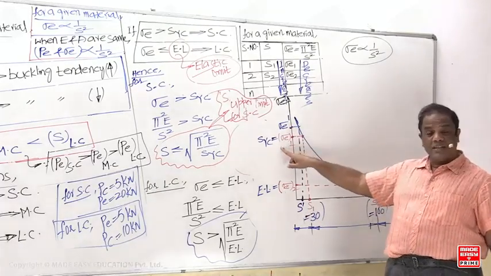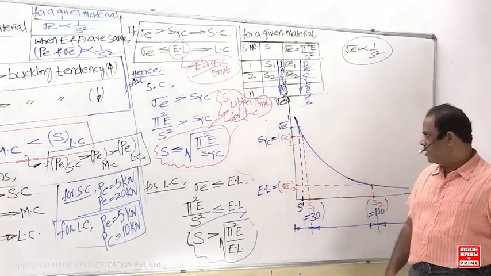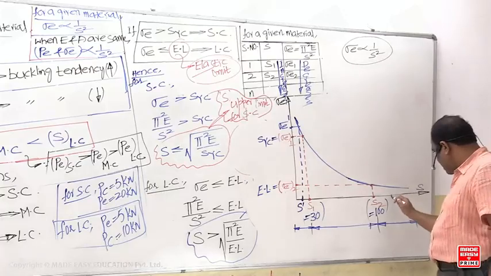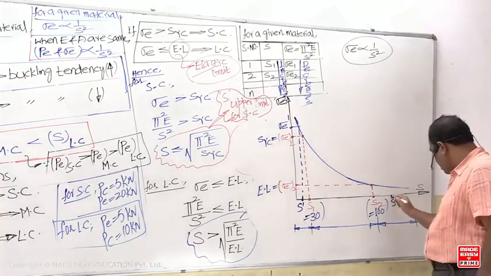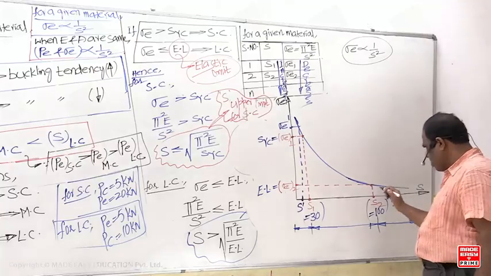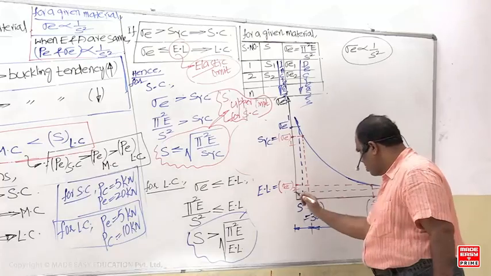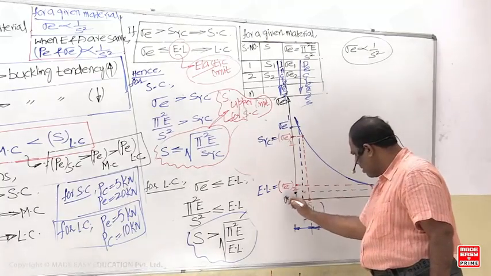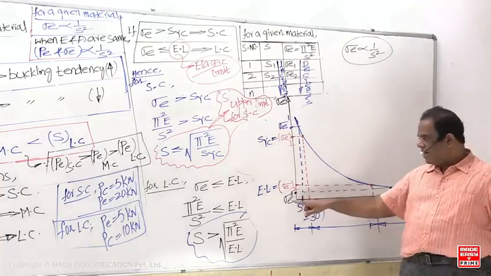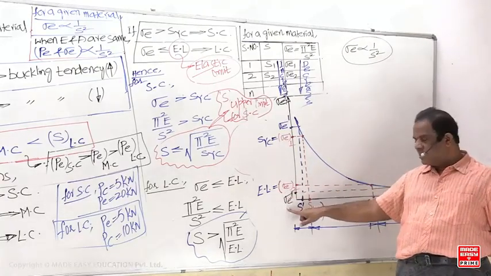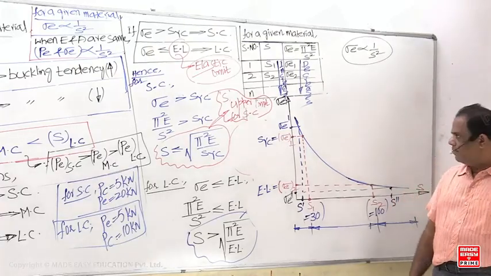Sigma E dash is greater than SYC, means crushing will occur, so it represents a short column. Similarly, if I take an S double dash, sigma E double dash is less than the elastic limit, which means it is undergoing elastic deformation, means elastic buckling.